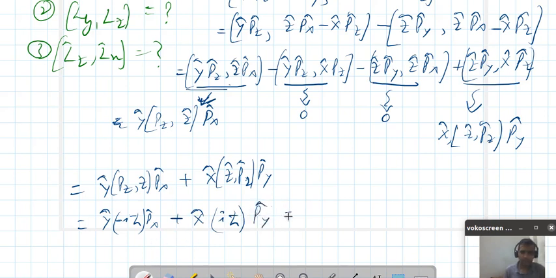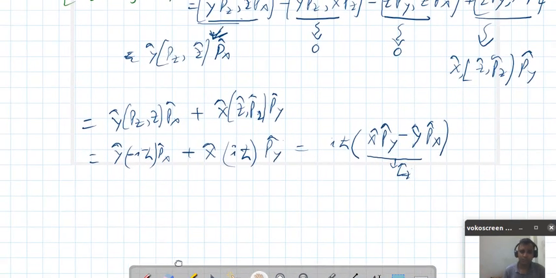So iota h cross can be taken outside, so it is x py minus y px, and this is nothing but Lz. So it can be written as iota h cross Lz.